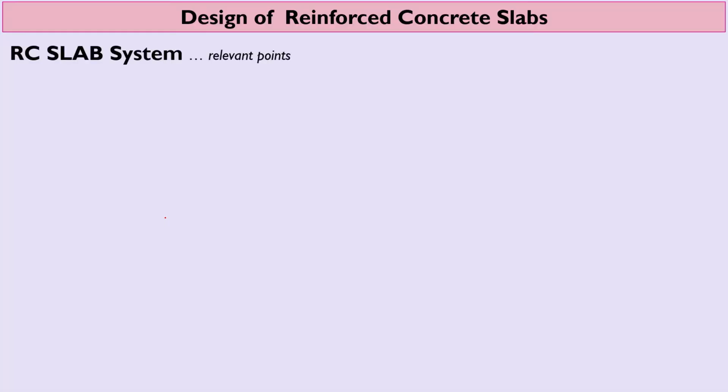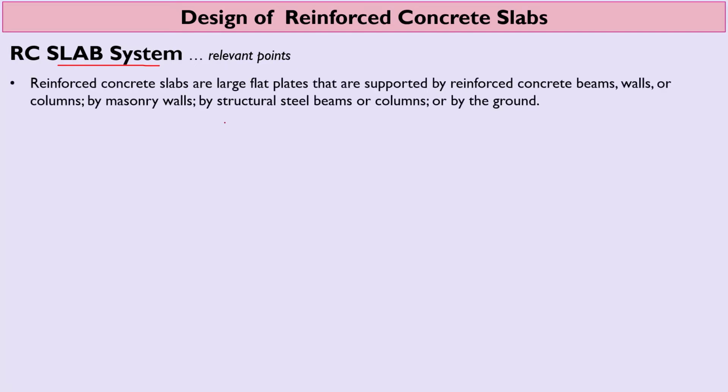So first of all, let us understand what an RC slab system basically is and what relevant points we have to keep in mind while doing the analysis as well as design of the slab. Let us try to understand the definition, that is, how we can define a slab.